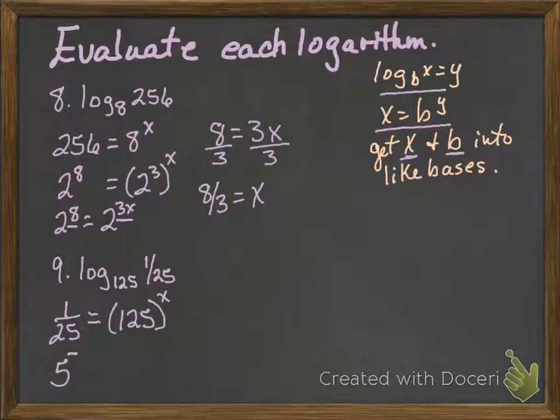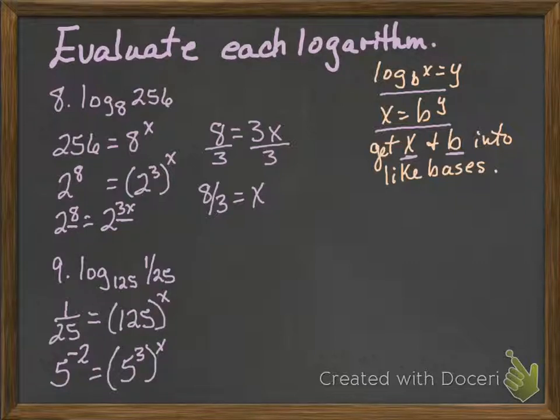So, negative, and 25 is 5 squared. So, the 1/25 is 5 to the negative 2. Okay? And then 125 is 5 to the 3rd power raised to the x power.